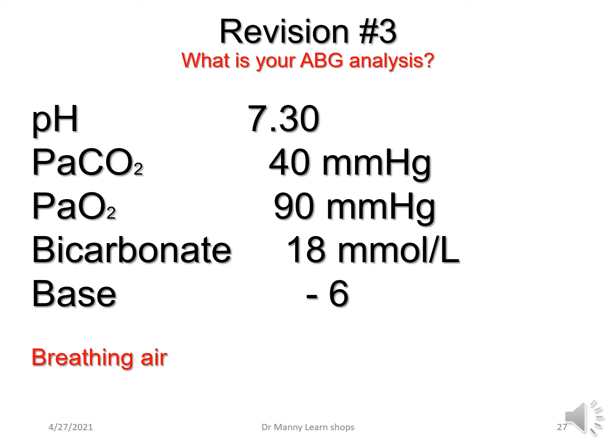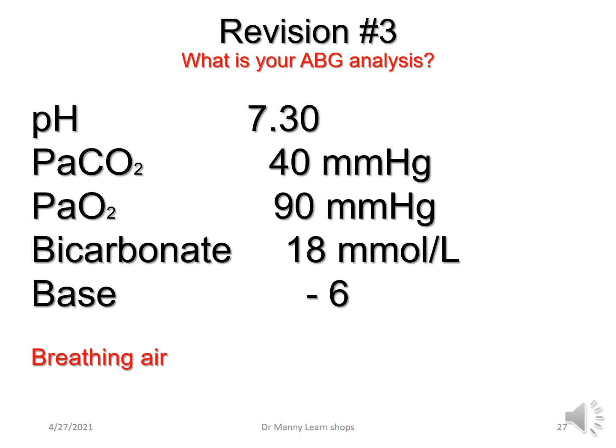Their PaCO₂ is now 40, which is normal. Normal range, we said, 35 to 45 millimeters of mercury, mean 40. Their PaO₂ is normal, between the range of 80 to 100 millimeters of mercury, breathing room air, but their bicarbonate is low. So they're losing bicarbonate for some reason.